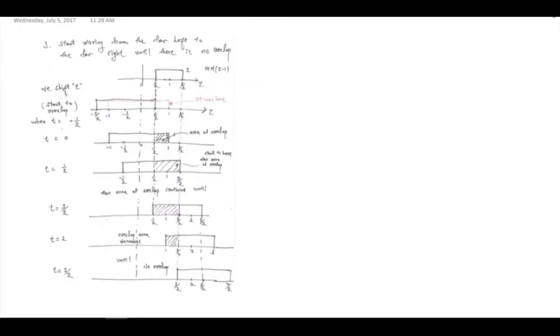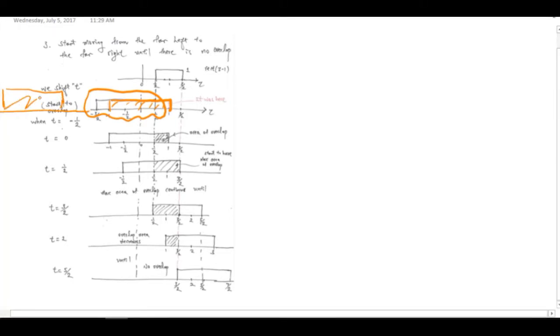Once I flip it, then we start to do the interesting job. The interesting job is to start to move this one. Originally, we noticed that it was here. Then we shift this waveform from far left.